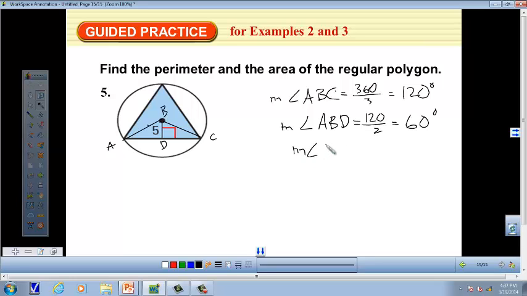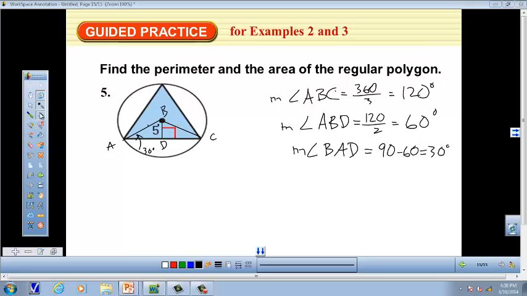And if I want to know the measure of angle BAD, that's going to be 90 minus 60. If this angle is 60, that one is 30. Do you see the 30, 60, 90? And all equilateral triangles will give us this 30. Now, hopefully you can remember this, otherwise you have to use sine, cosine, and tangent.